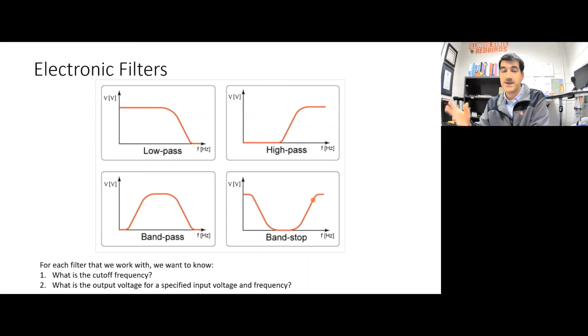So that constant pitch you might want to remove from your signal. You could do that with a band stop, because you could identify what that frequency is that you want to remove from your signal, and you could create a band stop filter that has a pretty narrow removal window for a specific frequency of signal.